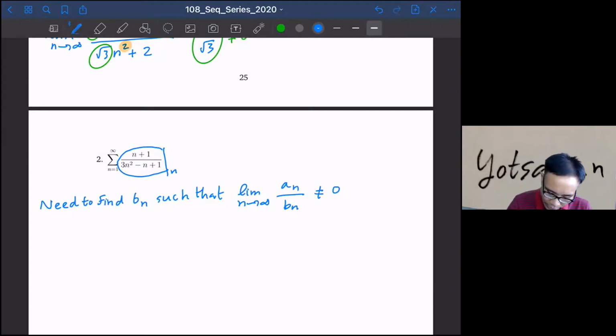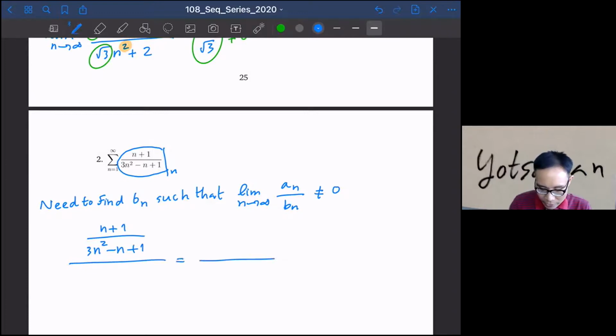So you see that you have n plus 1 over 3n squared minus n plus 1. The denominator is 3n squared minus n plus 1, and you see that this power is 2.